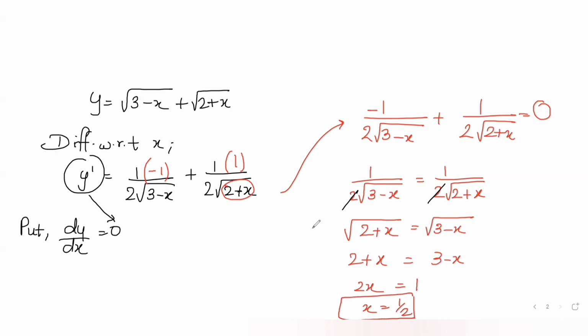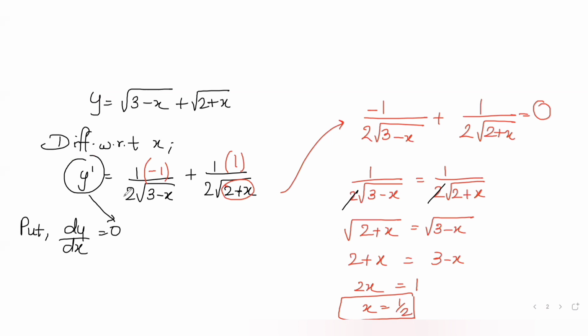So if I take the double derivative to understand whether it is going to give a maximum or minimum value, let's find d2y by dx square. If I differentiate again, it is minus 1 upon 2, and root of 3 minus x I can write as 3 minus x raised to minus half in the numerator.